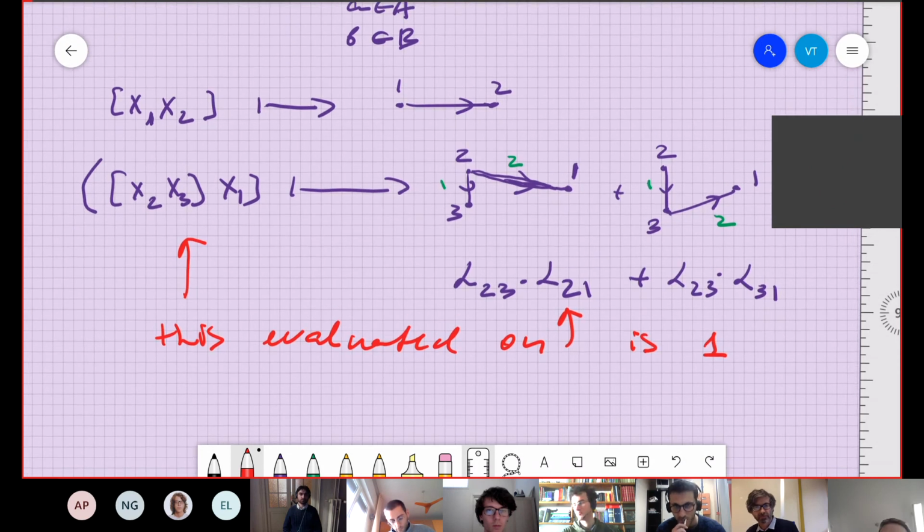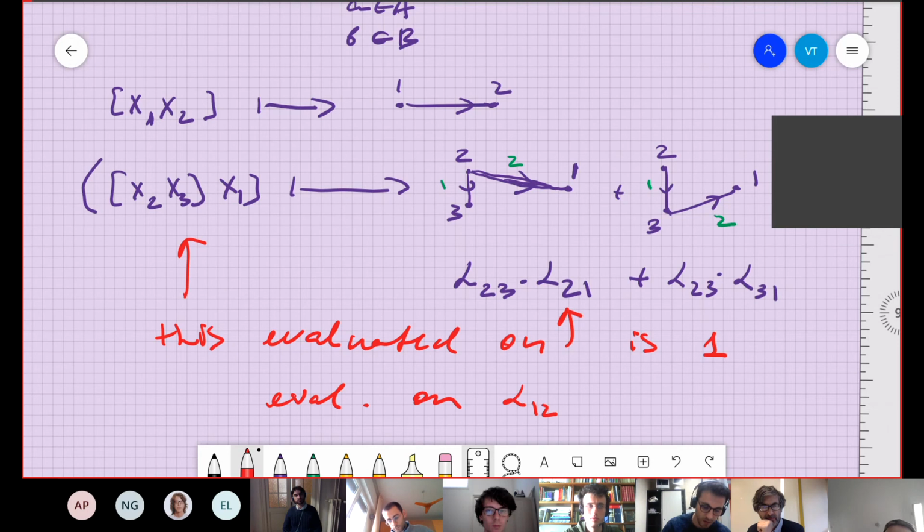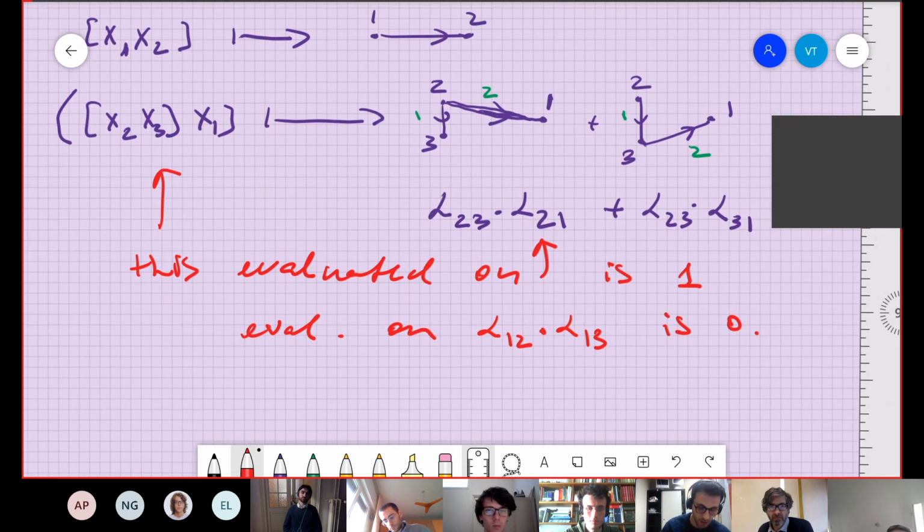And since other trees don't appear, if you take a different tree, say alpha 1 2 times alpha 1 3, it is going to be 0. So the pairing between this and this homology class is going to be 0, essentially because it doesn't appear in our sum.